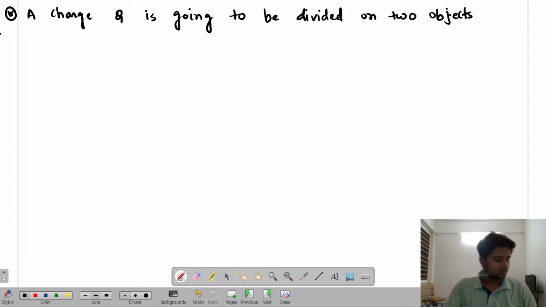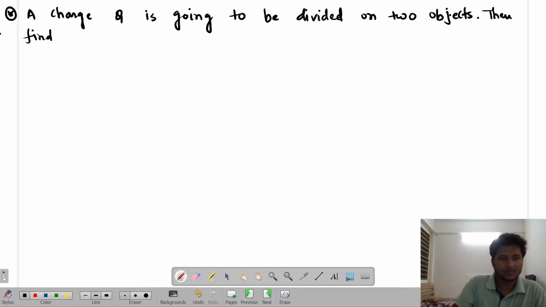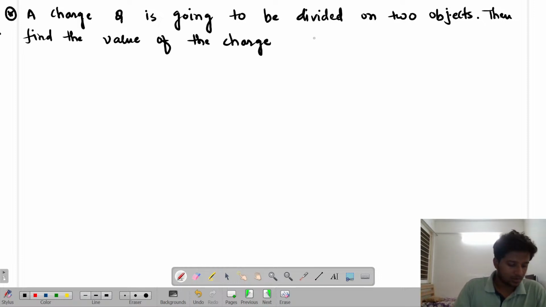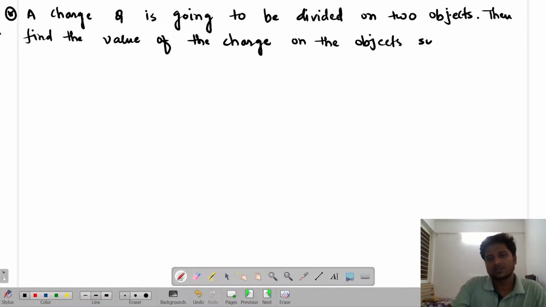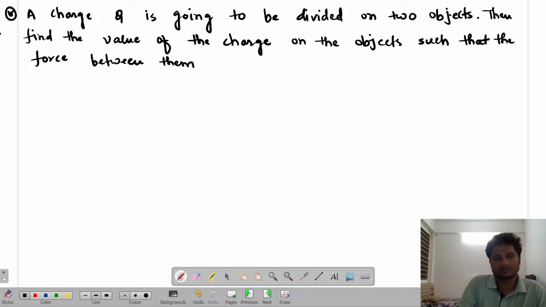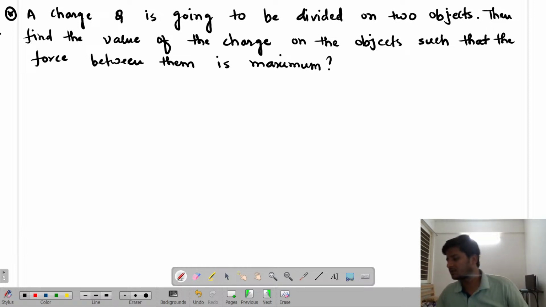Find the value of the charge on the objects such that the force between them is maximum. Do it.